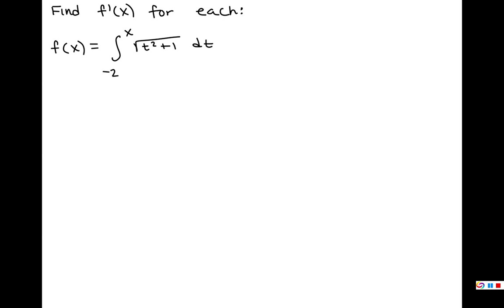All we have to do is rewrite the thing inside the integral, but replace the t with an x, and that's it. So again, I took the thing inside the integral, and I put that variable x in for t. And that's my answer. I don't have to show any work. I've just applied my fundamental theorem, part 2.